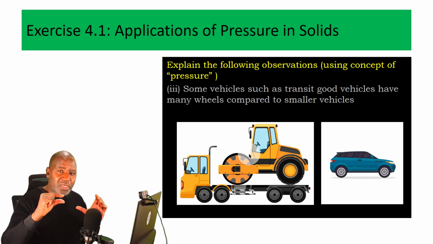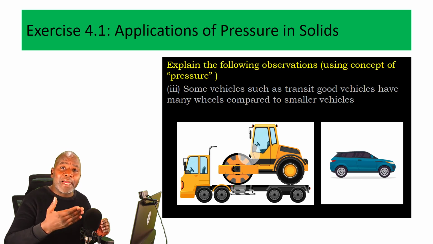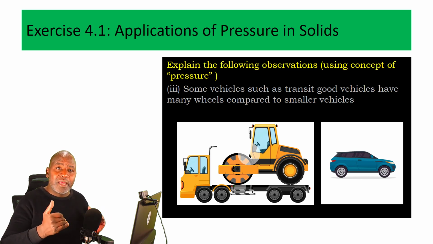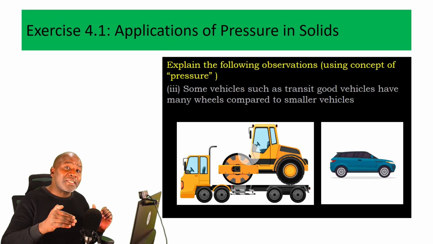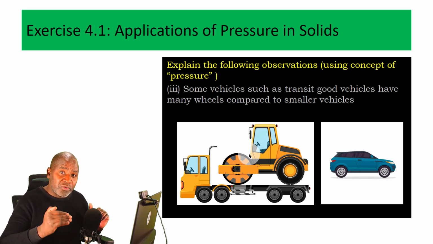So you see here in everyday life, there are some situations where we might want to exert high pressure, as in the case of cutting gadgets. And there are some situations where that high pressure is a disadvantage. For example, the wearing out of roads. So back to the point.